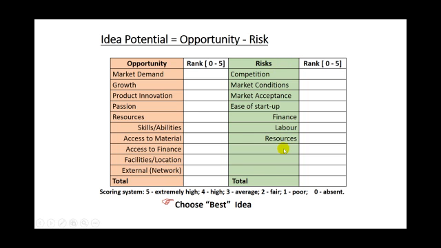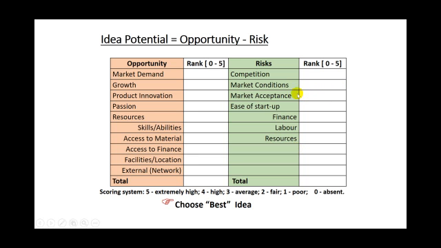You also complete that for the risk. So if the risk is extremely high, in other words, if competition is extremely high, you'd give it a number 5. Or if the market conditions are kind of risky, you're unsure as to whether the market would be sustainable or the market size is large enough, the risk would therefore be high, so you will give it like a 4 or a 5. Let's say that in terms of market acceptance, the risk is low, because you believe that your product would be easily accepted.